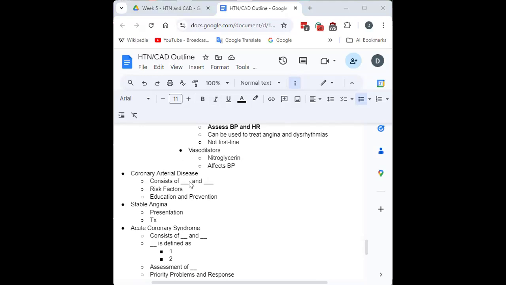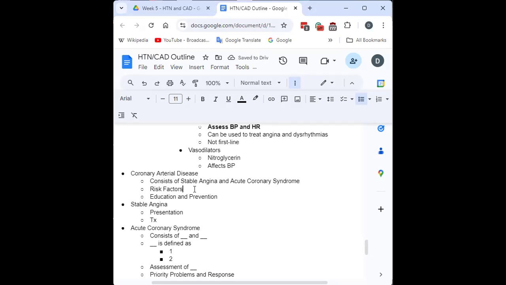It does consist of angina. Oh, she's asking for a repeat of the question. Coronary artery disease is basically an umbrella term where there are two things that make up CAD. Very specifically, it's stable angina and acute coronary syndrome. We'll talk about those from here.